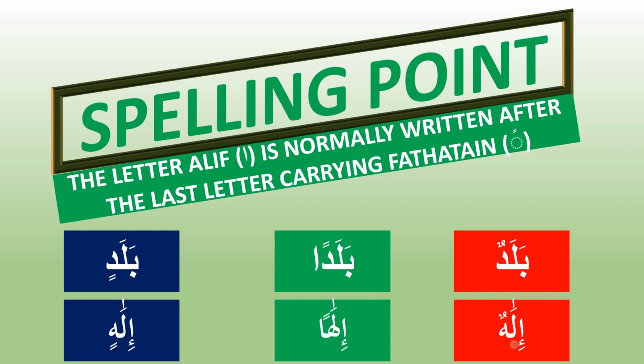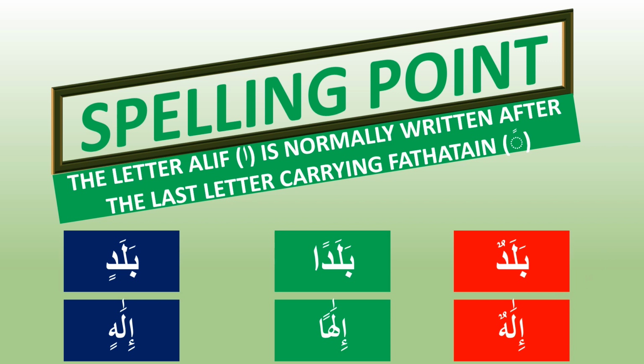The same will apply to ilahun in red and ilahin. There is no fathatain on the last letter, so no alif after it. But when we come to the green ilahan, we will see the alif coming after the letter ha. It's the same letter ha that you see in red. The shape is a little bit different because you are joining it to an alif now.